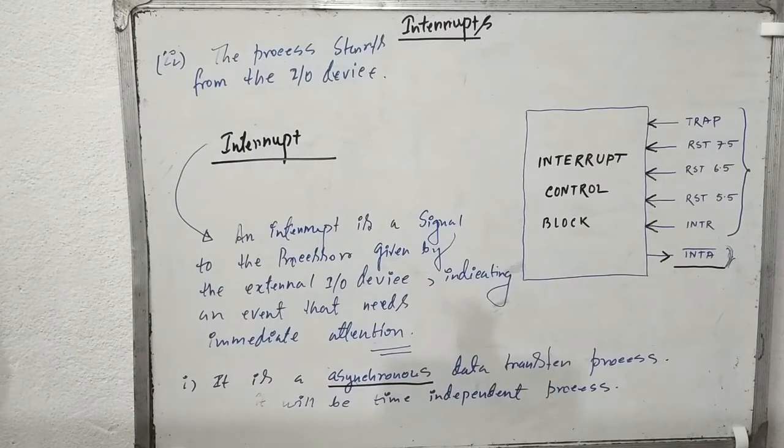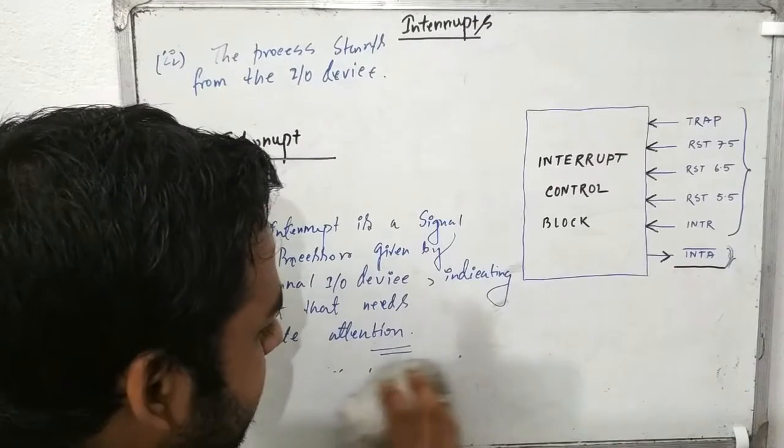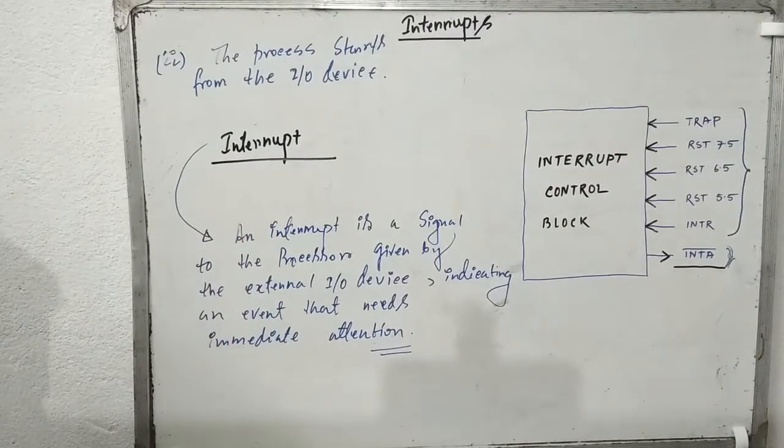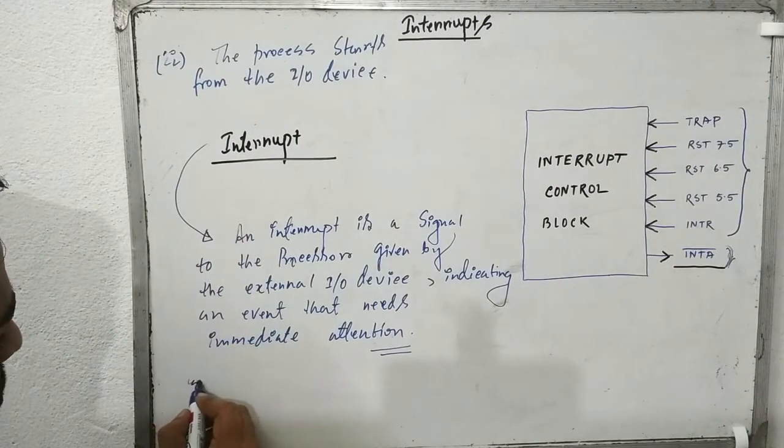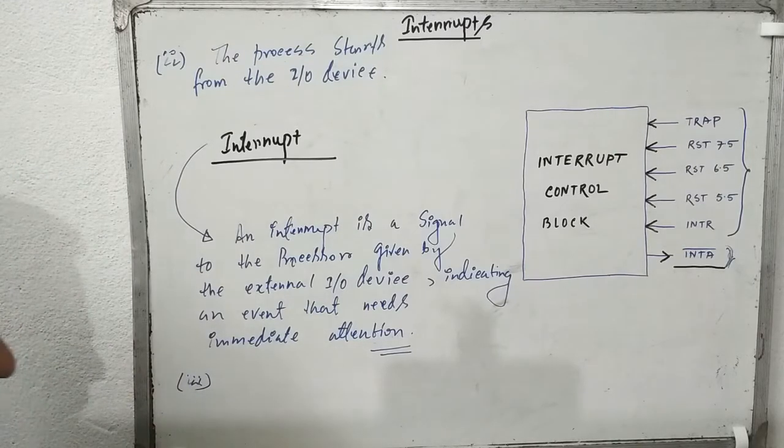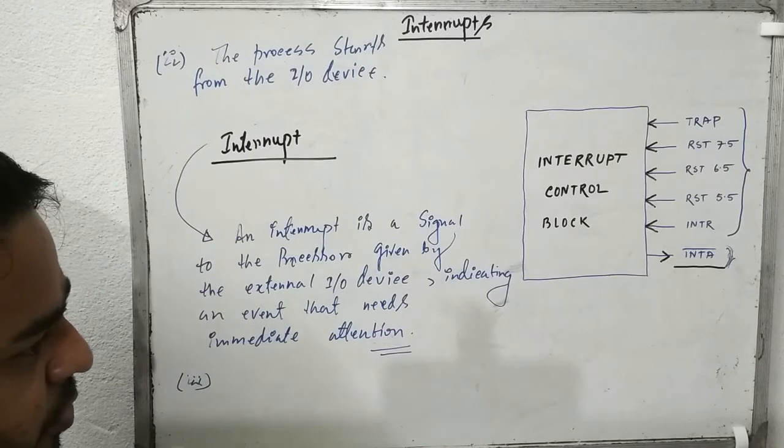And the third feature is so important. Suppose the microprocessor has got some interrupt request. Then how does it process those interrupt requests?